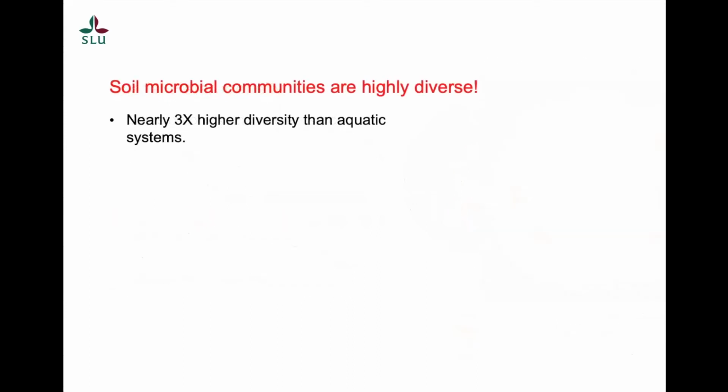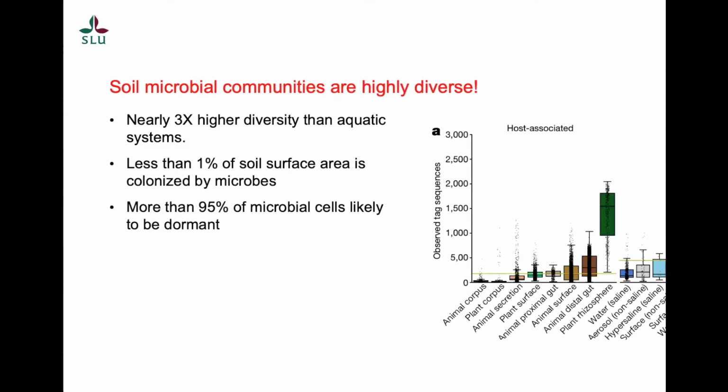And because you have all these microhabitats and all these differences even across the aggregates, soil systems tend to be much more diverse than aquatic systems. There are, of course, always exceptions, but on average, there's this research project called the Earth Microbiome, which is actually quite interesting.